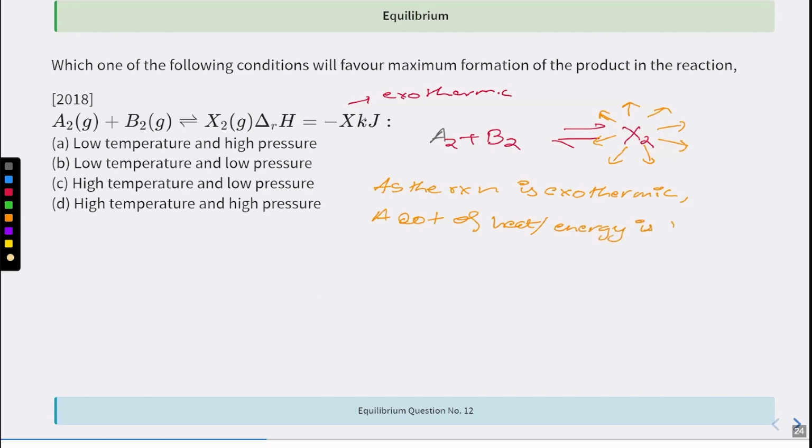If a lot of heat and energy is released, the surroundings must be cold so that we can release the energy.